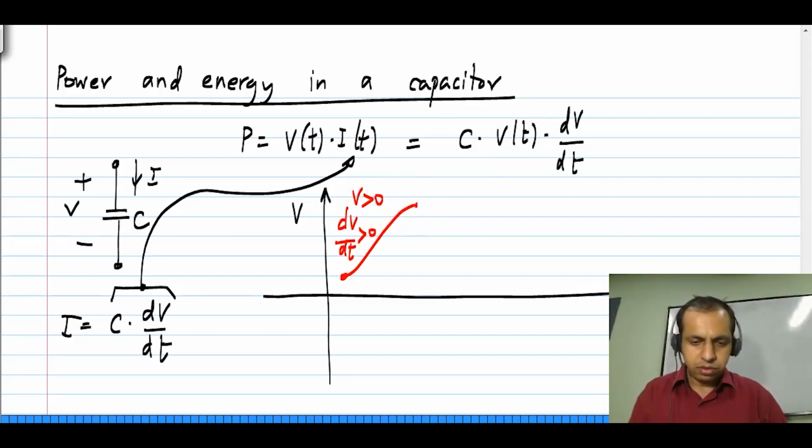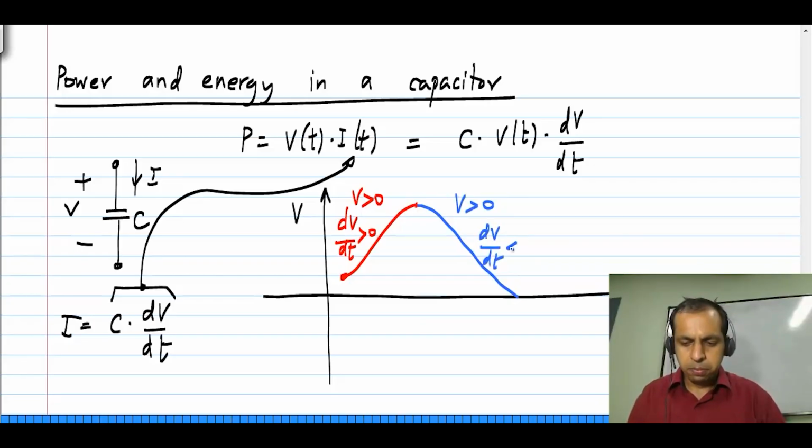Now the other way around is also possible. Let's imagine that the voltage does that, where the voltage is positive but its time derivative is negative. Here this product will be negative and the capacitor will be delivering power. It is absorbing negative power.